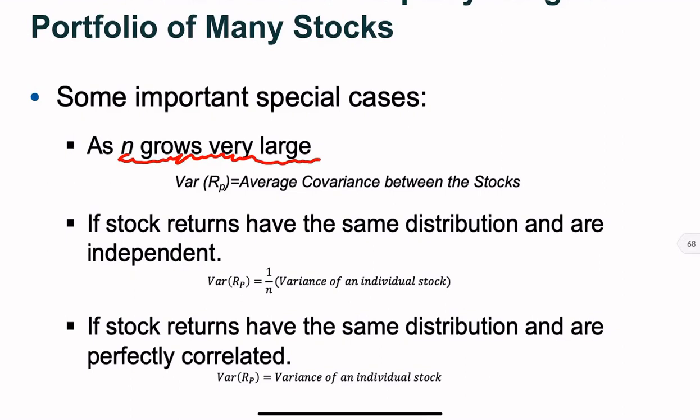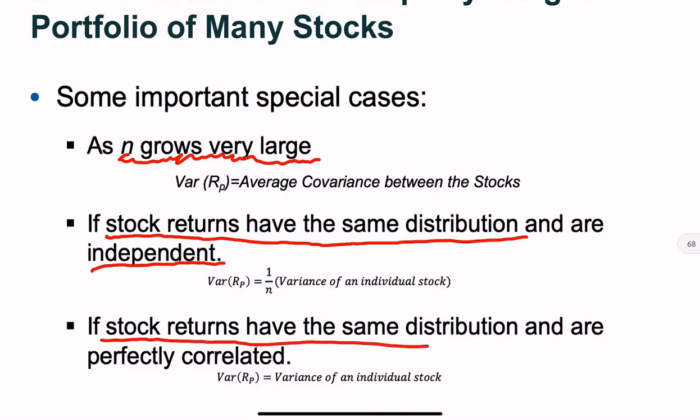The second special case is if stock returns all have the same distribution, however, they are independent. The third case is stock returns have the same distribution, however, they are perfectly correlated. So let's go through these special cases one by one.